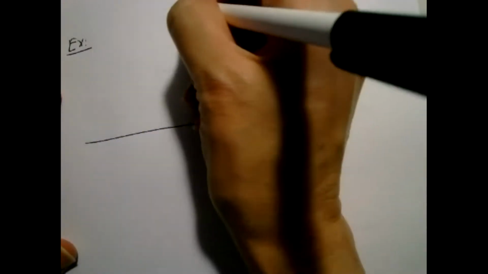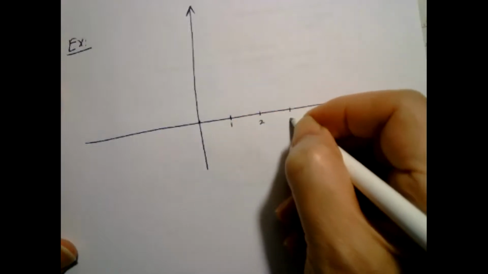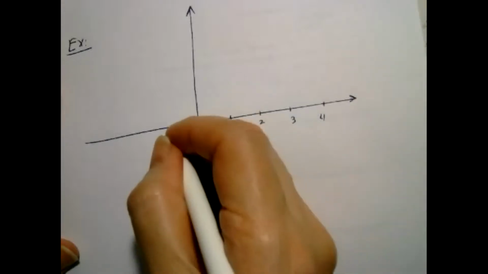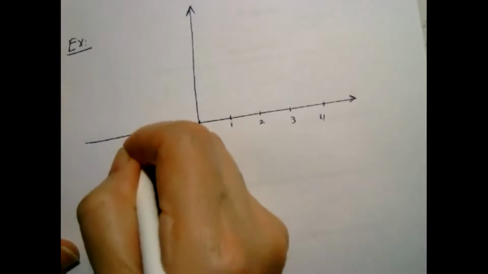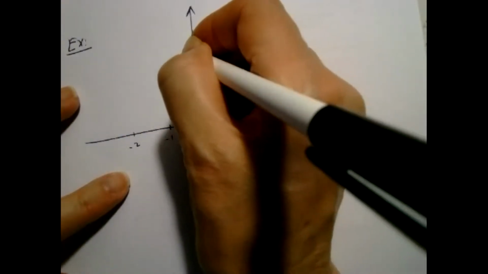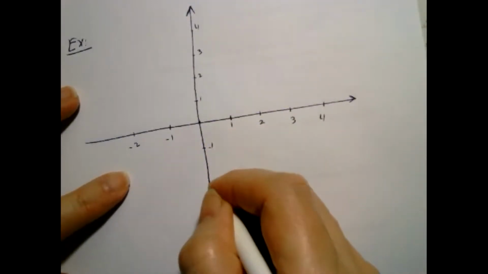Then I give you the graph of a function like this. I'm labeling 1, 2, 3, 4, and -1, -2.